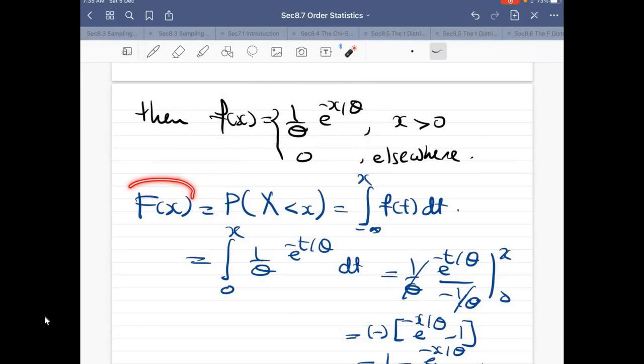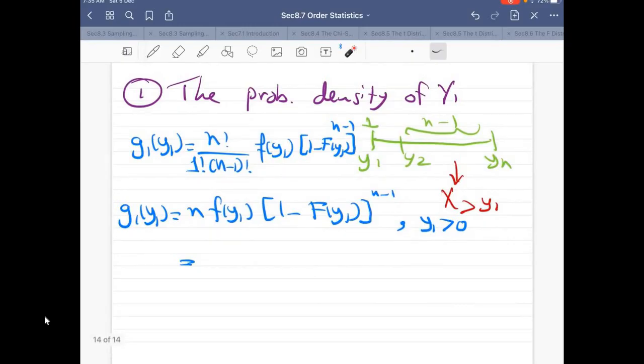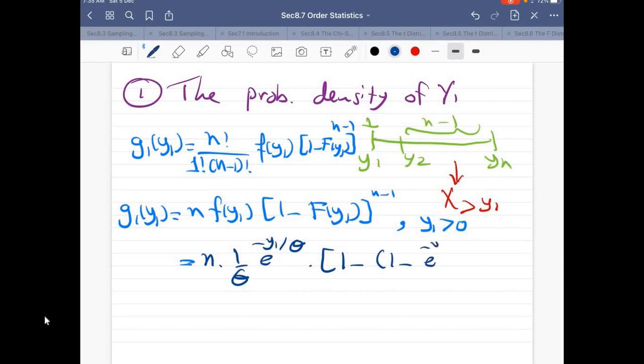Instead of x, I write y1, and I use the capital CDF, and instead of x, I substitute y1. Okay, so it will be n into 1 over theta e power minus y1 over theta, I substitute it into the density, into 1 minus e power minus y1 over theta power n minus 1, and here also I substituted for y1.